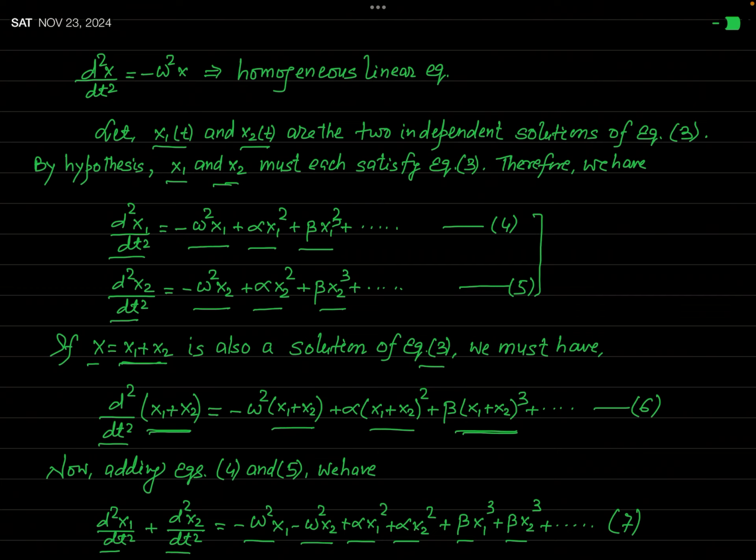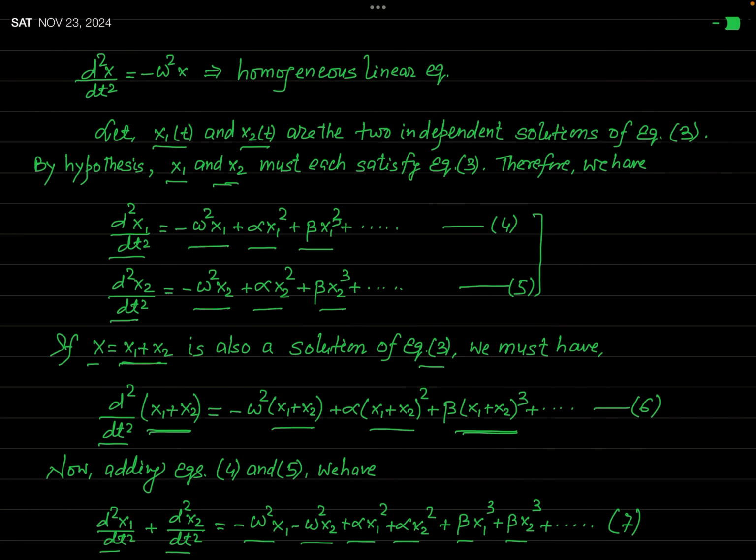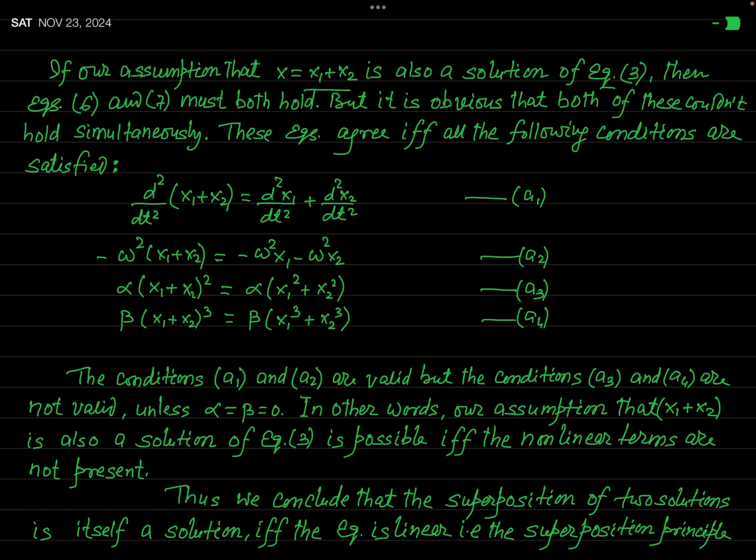Now, if our assumption that x equal to x1 plus x2 is also a solution of equation 3 is correct, then these two equations 6 and 7 must agree with one another, or you can say these two equations must hold simultaneously.